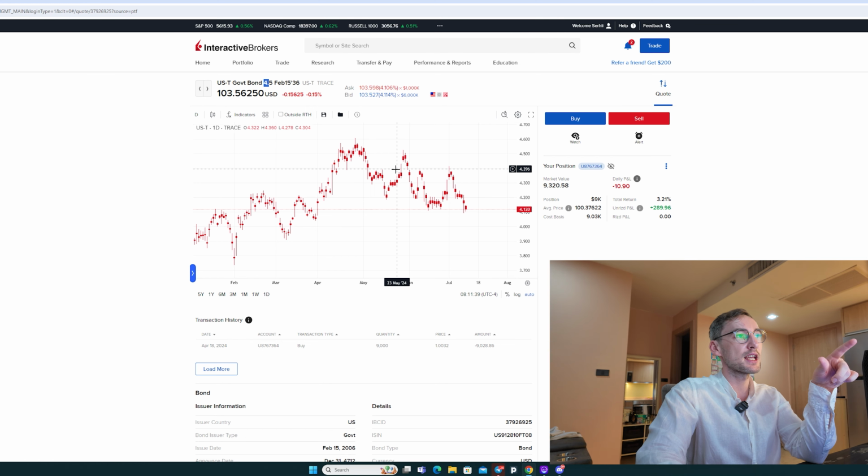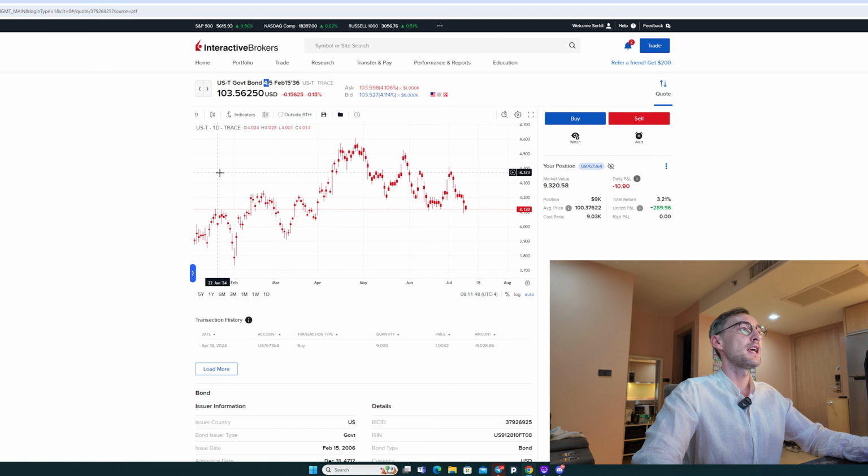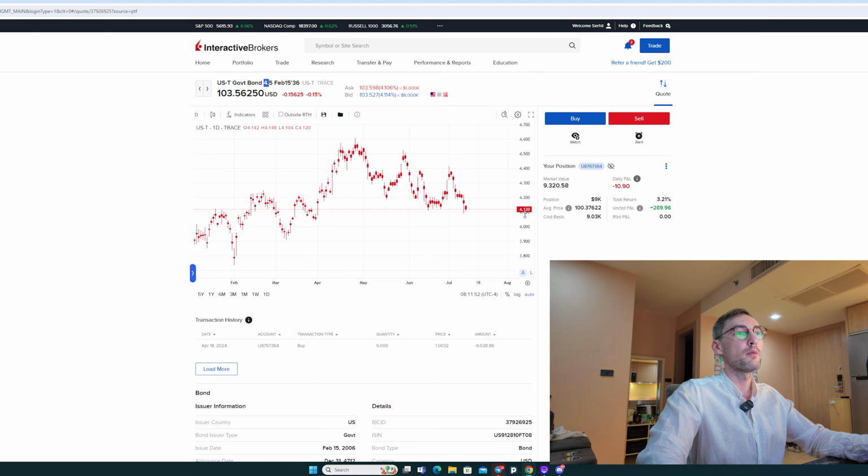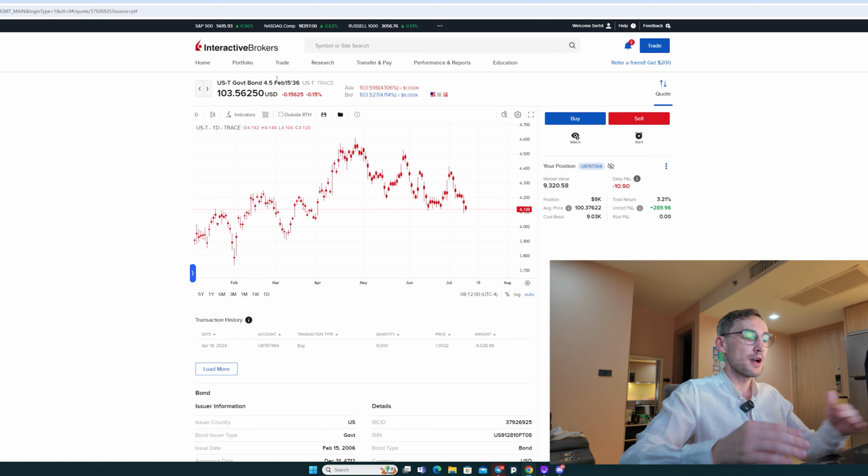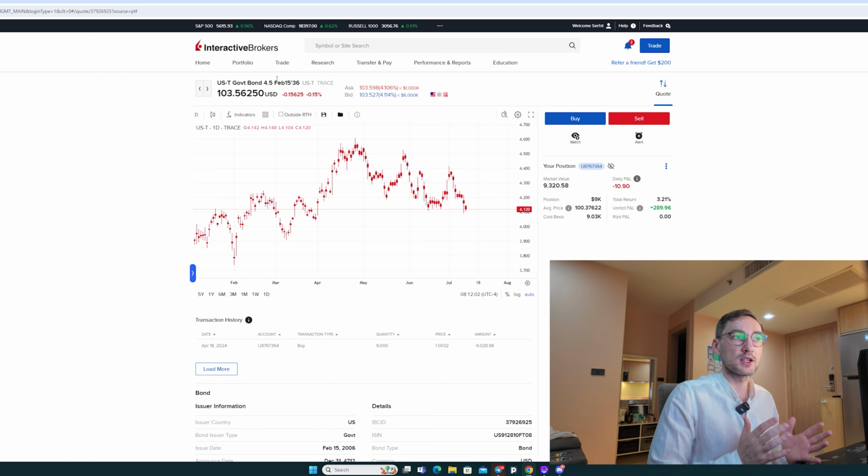This chart represents the current market interest rate for this government bond. As you can see, currently the market rate is 4.12%, which is lower than 4.5%. So this bond is paying you more than the current market rate, and the market rate changes over time.